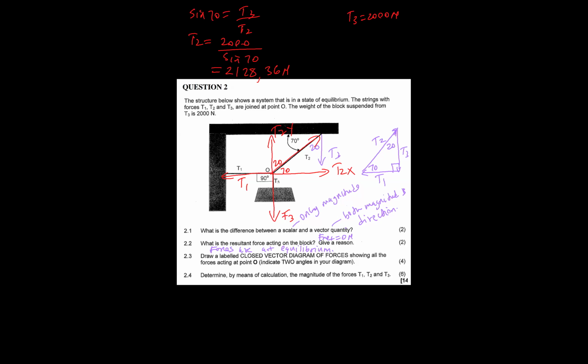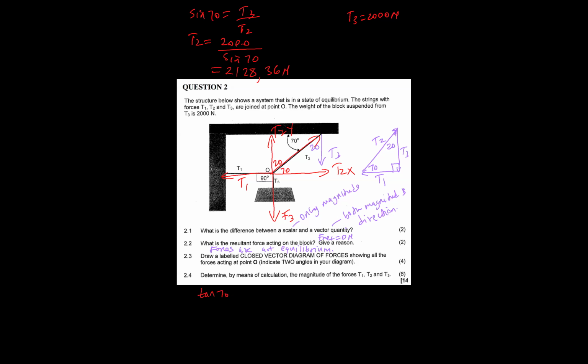To find T1, can we use cos of 70? Can we use tan of 70? I want us to use tan.